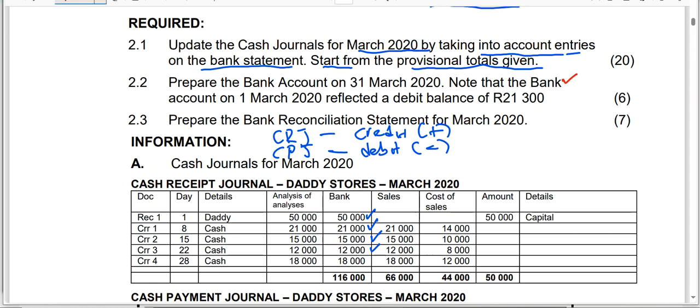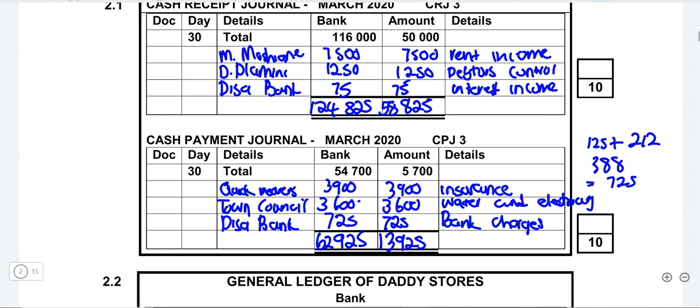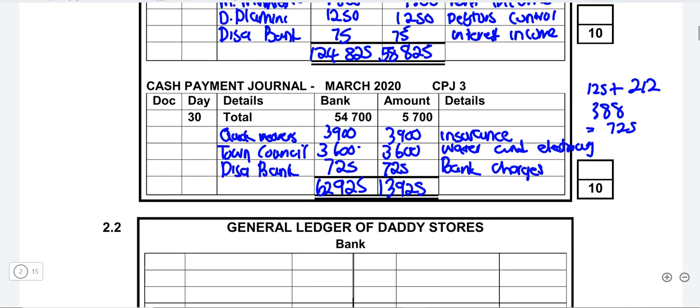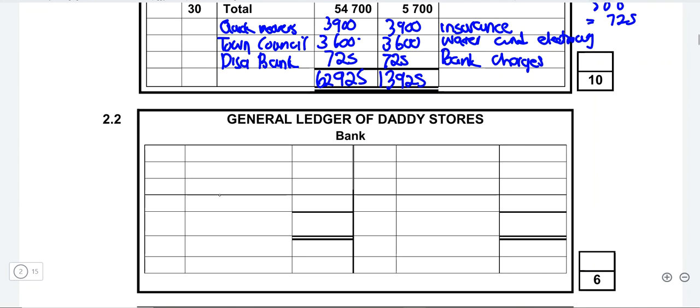Okay, so now here they are saying that prepare the bank account on the 31st of March 2020. Note that the bank account on the 1st of March reflected a debit balance of 21,300. So remember, if they're talking about a debit balance, it means it was favorable. So when you write that balance, you must write it on the debit side.